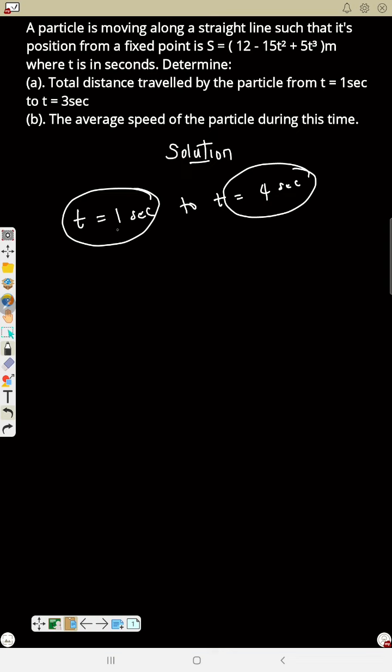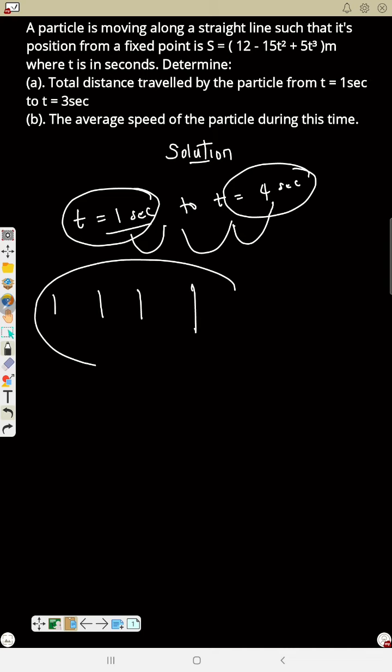You must do t equals 1, what is the position of the object? At t equals 2, what's the position? At t equals 3, what's the position? At t equals 4, what's the position? Then add everything together. If it is distance, don't consider minus. If it is displacement, you should consider minus.